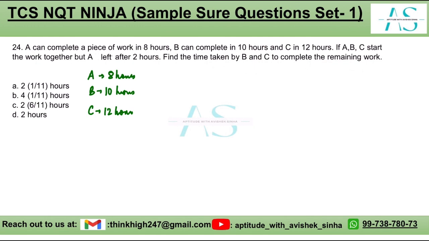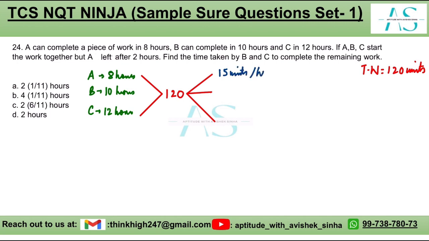So we use the common multiple rule here. Tell me a common multiple for 8, 10 and 12. I think it's 120. As soon as you write 120, for this particular question, the total work seems to be 120 units. The most important segment. Now, what are the different efficiencies here? 120 by 8, so this is 15 units per hour.